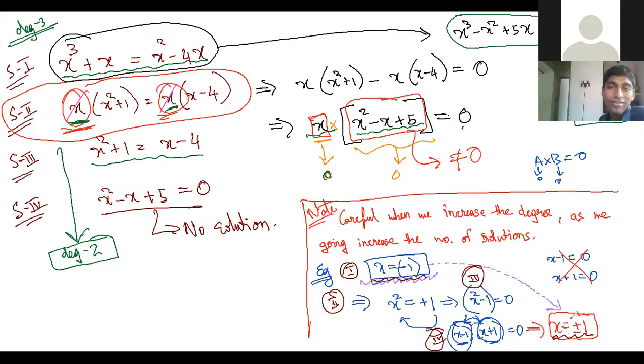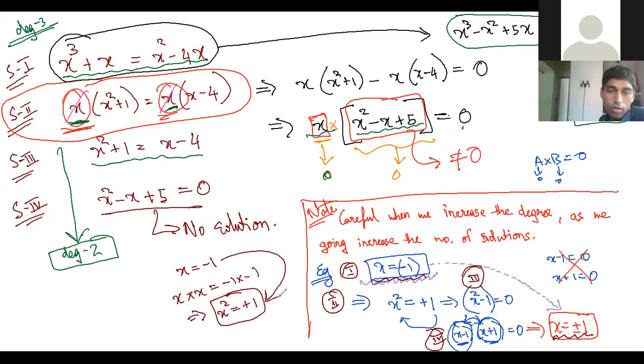Why not? We can, sir. If x equal to minus 1, what is minus 1 into minus 1? Sir, 1. Then is it wrong? Is x square equal to plus 1 wrong? If x equal to minus 1, isn't x square equal to plus 1? Yes or no?